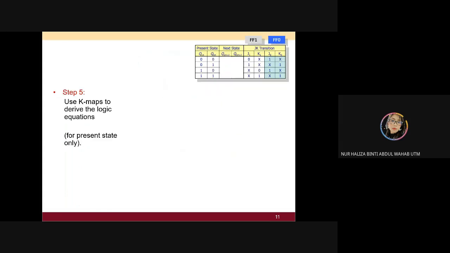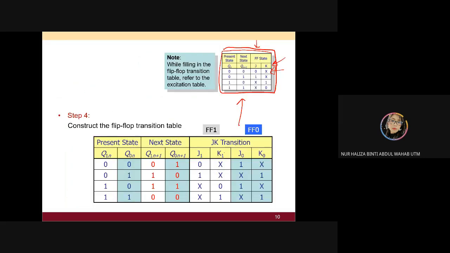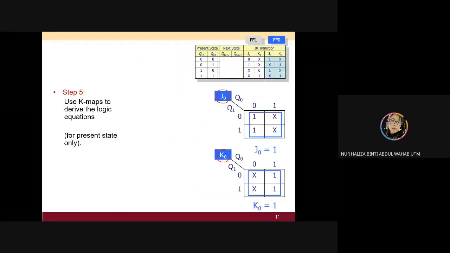So next you have step number 5 here. I inform you you're going to use your Karnaugh map. So how are you going to do your Karnaugh map? You will come up with your J0, K0, and then after that you have another one, K1 and then J1. Because these are your J and K that you need to see the output and input.